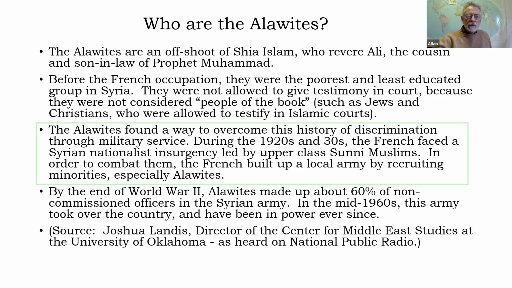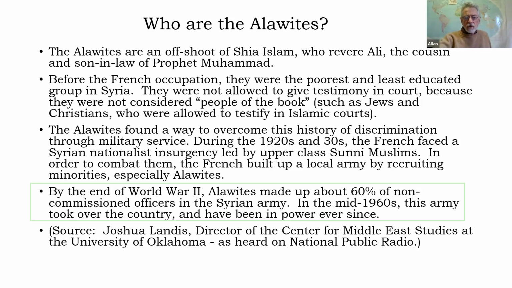The French, during the period of the Mandate in the 1920s and 30s, faced a nationalist insurgency led by Sunni Muslims. And in order to combat them, the French recruited local soldiers from the minority groups, especially Alawites. So this continued all during the period of the Mandate.